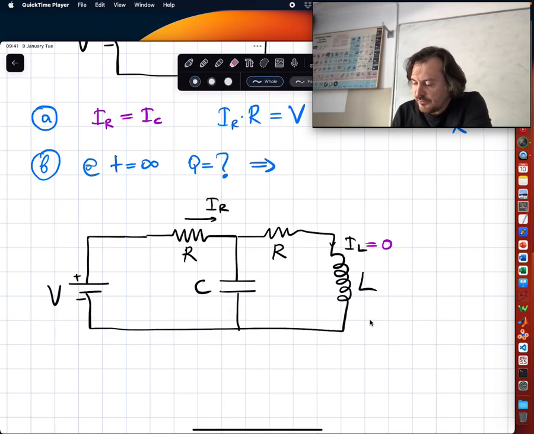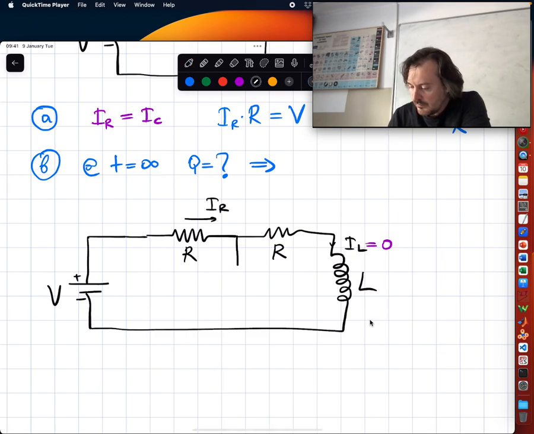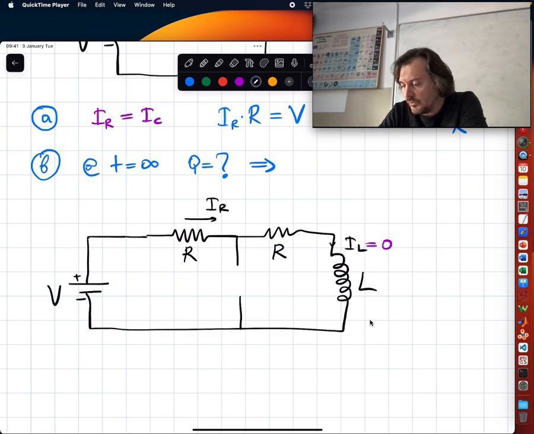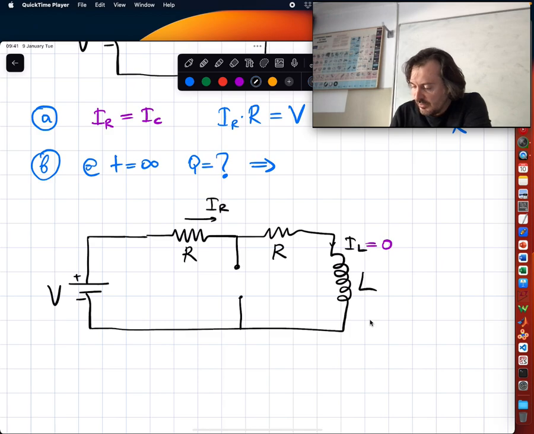So at t equals infinity, basically capacitors act as circuit breakers. Do you agree with that? They are fully charged. No current flows through them, right? And we are wondering what is the charge between these capacitor plates.